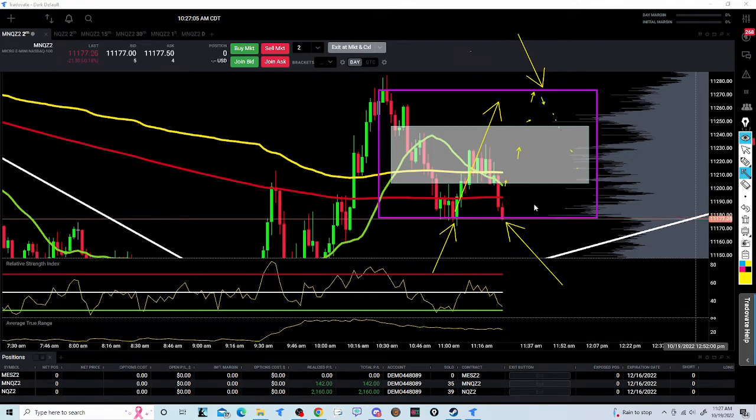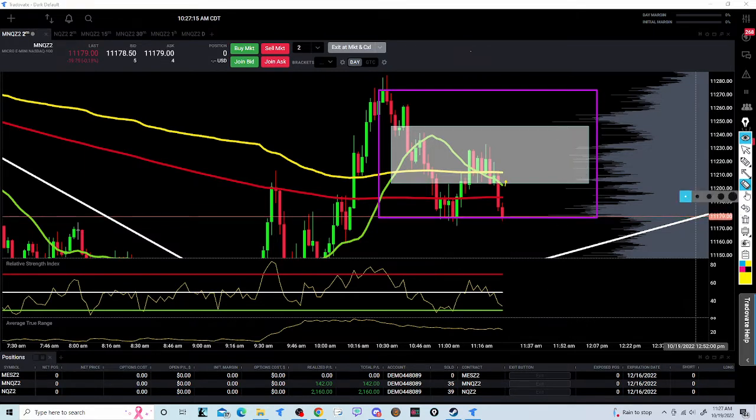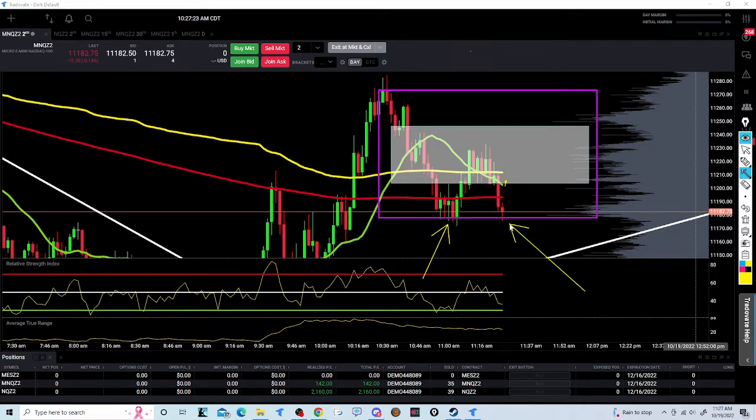That's how you trade a zone, a range. So if you wanted to trade a range, you would be looking to go long at the bottom of the range, or you would be looking to go short at the top of the range.